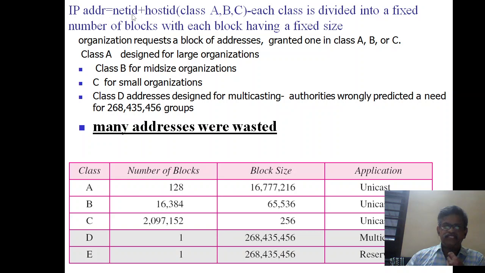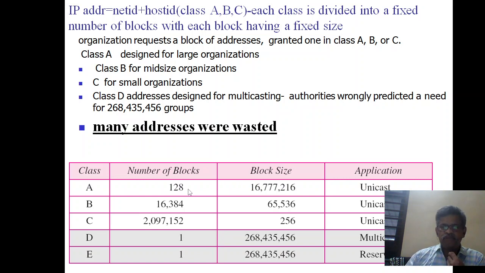So an IP address is net ID plus host ID. Now basically, when you fix the net ID bits, you get the number of blocks possible in a network address.